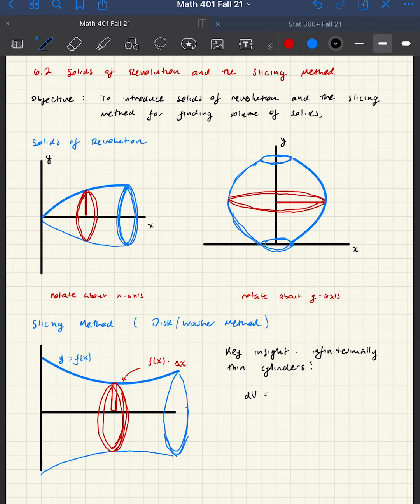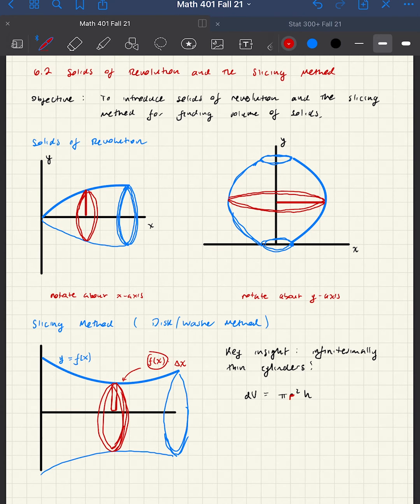Remember that such a volume would look like pi r squared h, where here r is the radius, which is f of x.